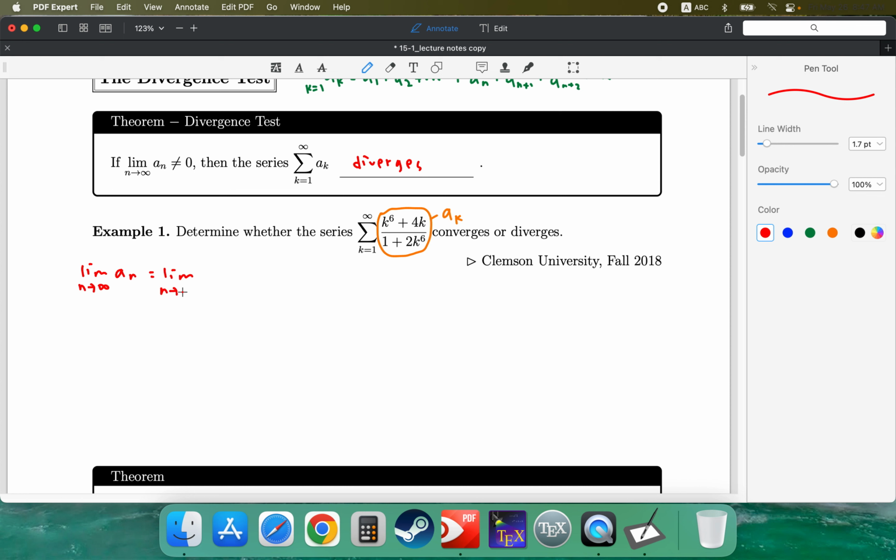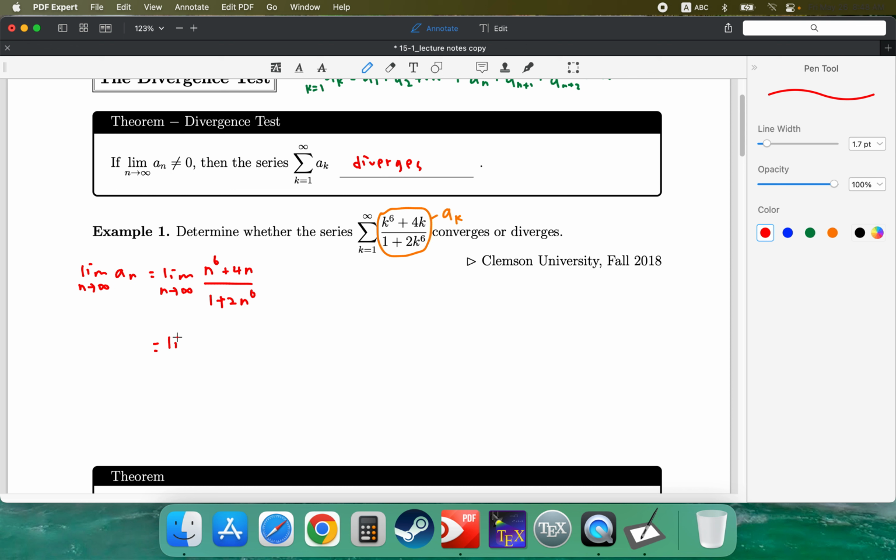So I want to find the limit of n to the 6 plus 4n over 1 plus 2 times n to the 6. We talked about how to evaluate this previously, and also in Calc 1. You can divide both top and bottom by the leading term in the denominator. In this case, you want to divide both top and bottom by n to the 6.